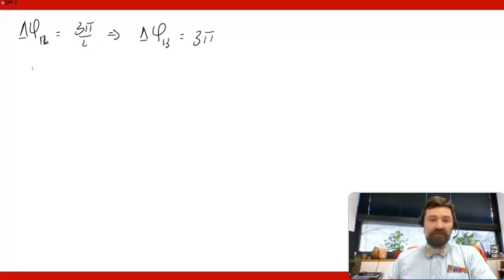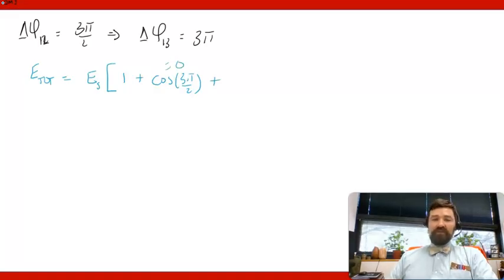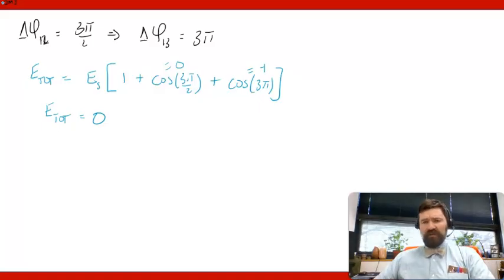And so for that location, my total would be E single times 1 plus cosine of 3 pi/2, that's 0, so this term is 0, plus cosine of 3 pi, and that term, of course, has a value of -1. And so here my total is again 0.